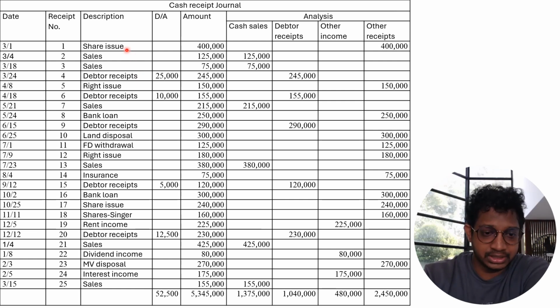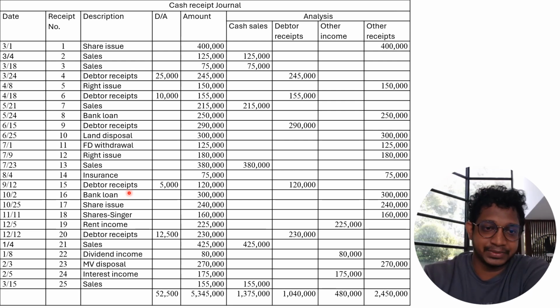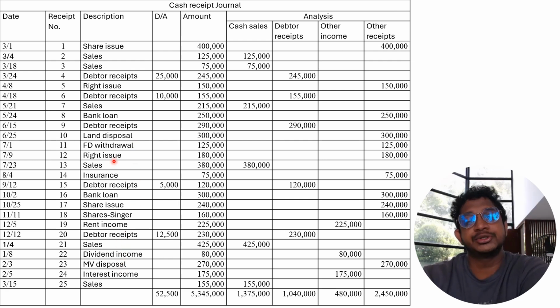And share issue, yes, there are two times share issue, here and here. So both share issues you have to record in the financing activities. And rights issue also has two places, so the rights issue total you have to record in the financing activity.